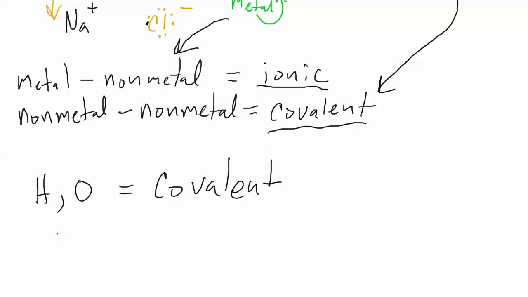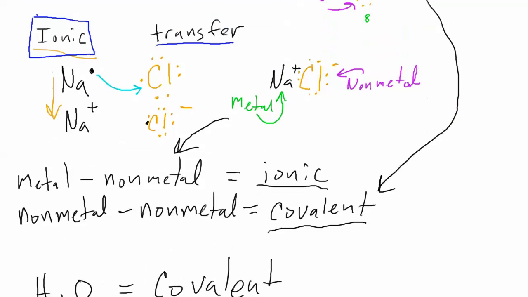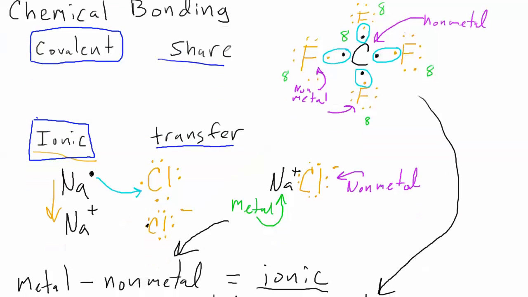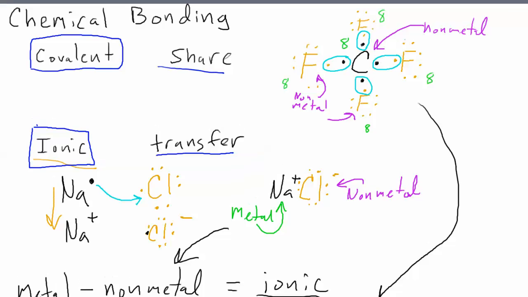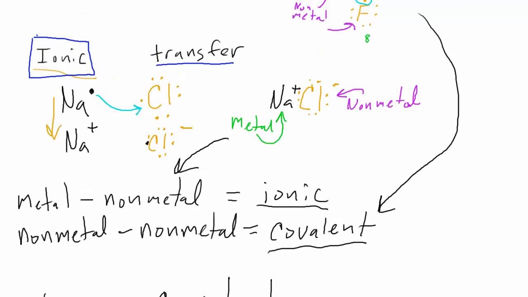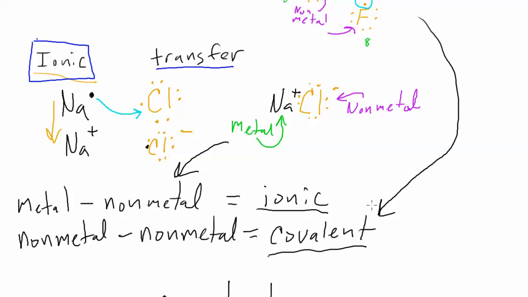If I said calcium and sulfur, calcium's a metal, sulfur's a nonmetal, so you would predict that when those two bond, they would bond ionically. And that's really all there is to it. You just have to figure out what type of element it is, and then you compare it to this pattern right here, and you can predict if it's ionic or covalent.